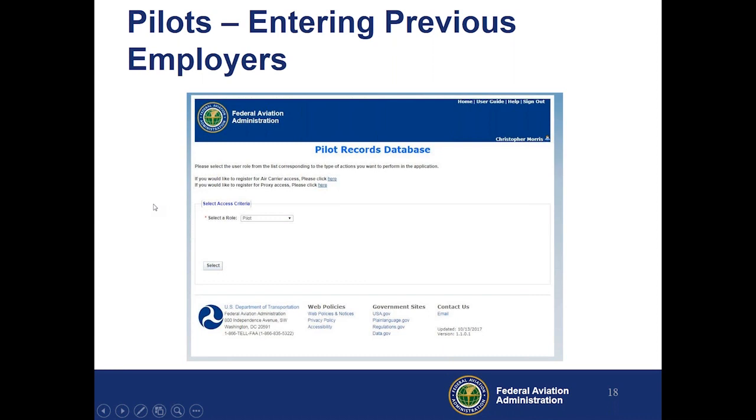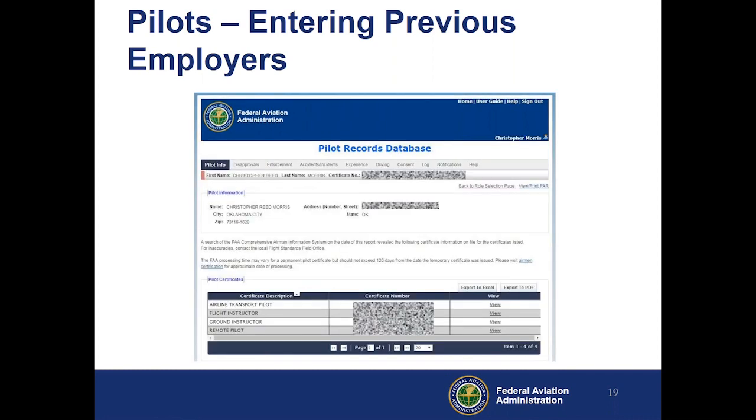But this is assuming that you've already enrolled as an airman in PRD, so you would get this screen where you make sure that the role shown here says pilot, and then you select to log in with that particular set of privileges.